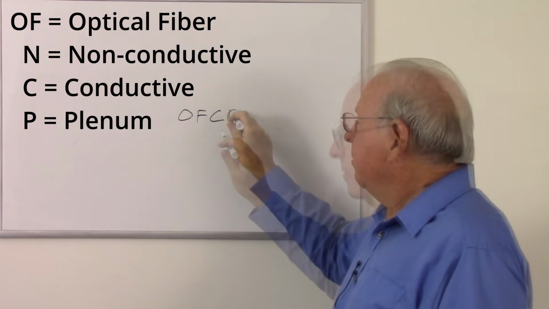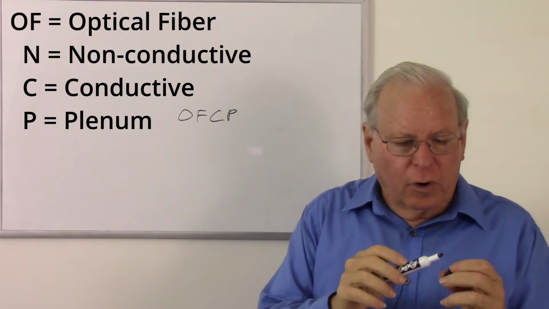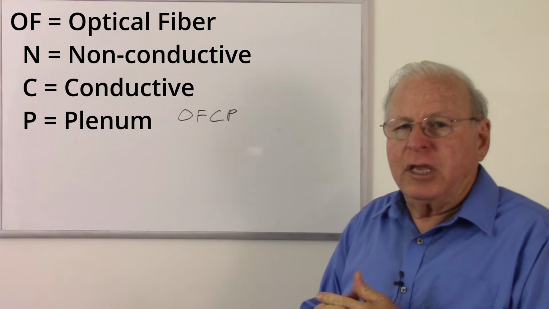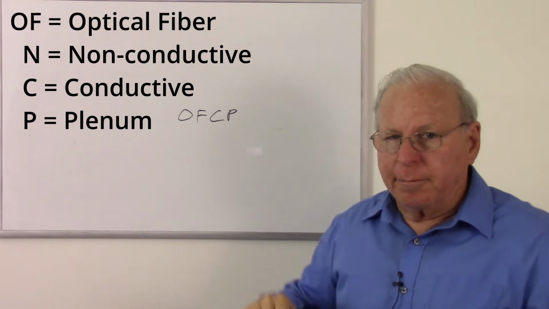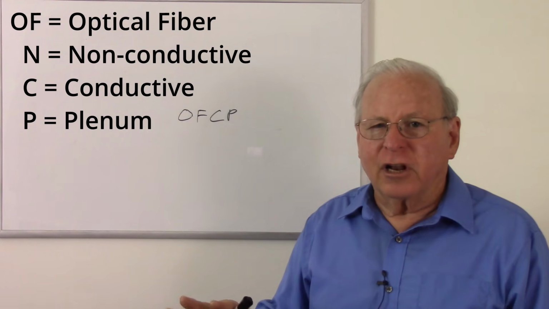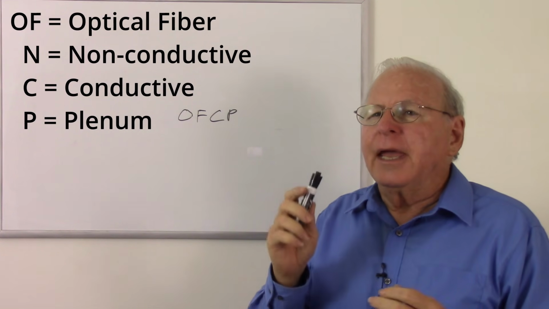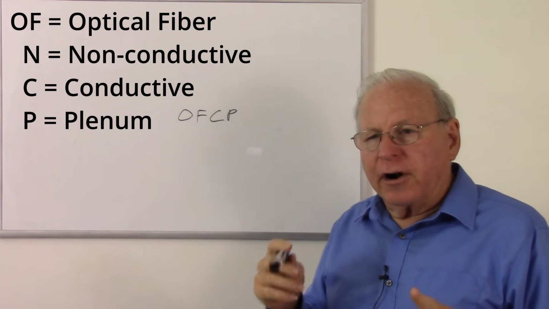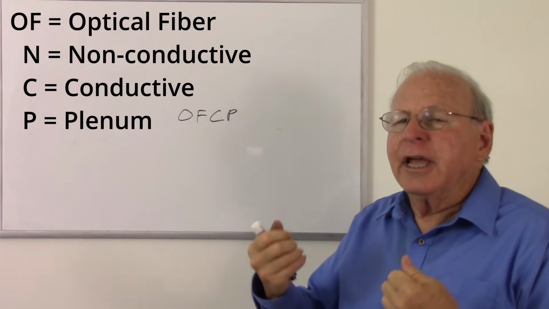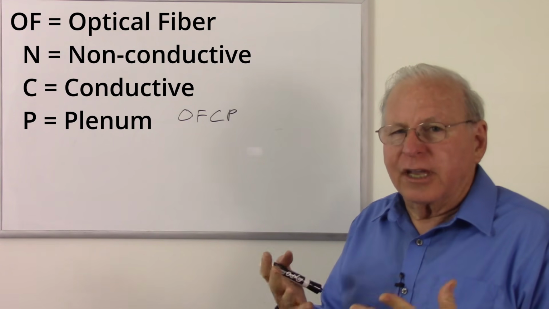P means plenum cable. This is your more expensive cable that can be used anywhere. The main thing is plenum cable can be used above false ceilings and below false floors where there might be air handling or air circulation issues. Plenum cable is made fire retardant, plus if it does burn, if it is melted and burned, it will not produce toxic gases.